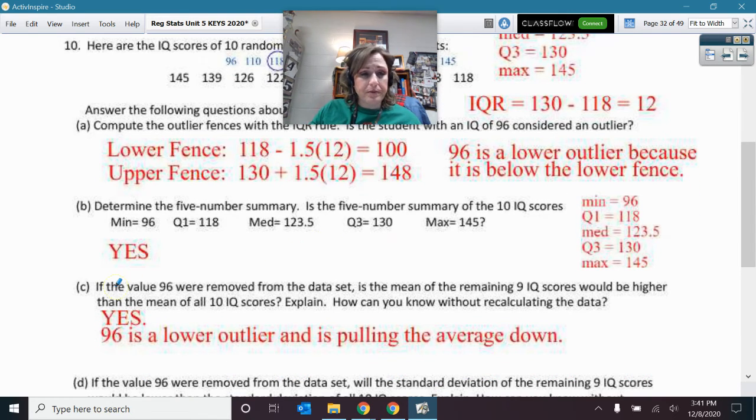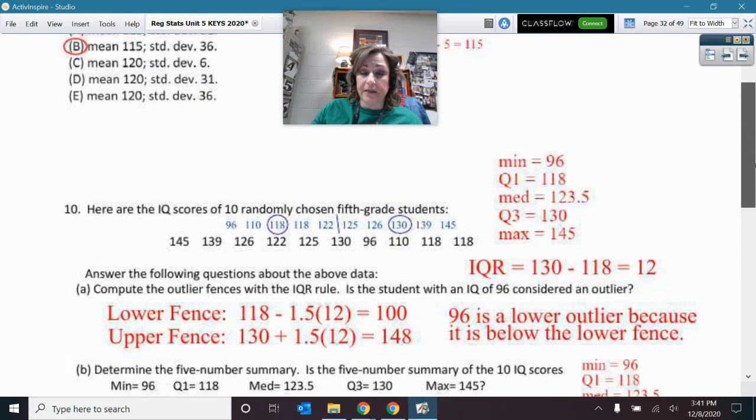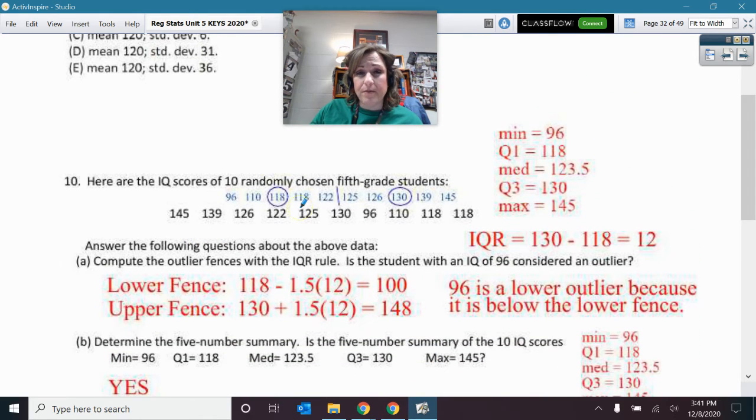And then here we go. If 96 was removed from the data set, is the mean of the 9 scores going to be higher or lower than the mean of the 10? Let's think about that. If you removed a lower outlier, say you had a 0, and that's a lower outlier, what happens if you remove that 0?